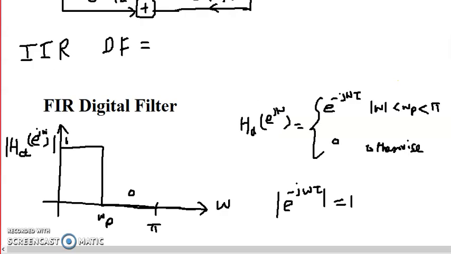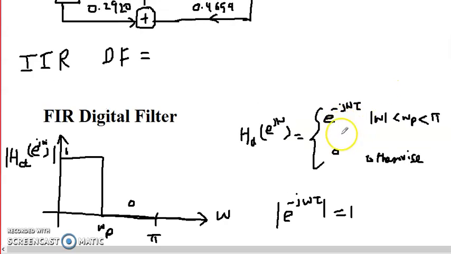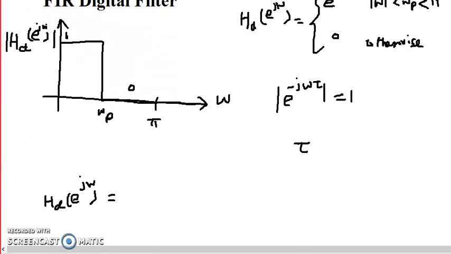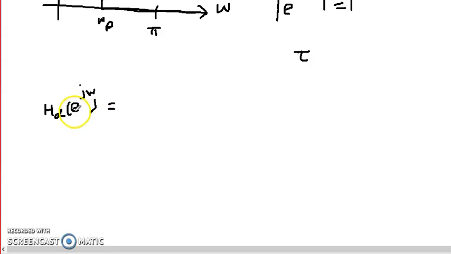So if this ideal filter response has to be realized by using a finite impulse response, what will be HD? It will be a summation over n, ideally having infinite terms.